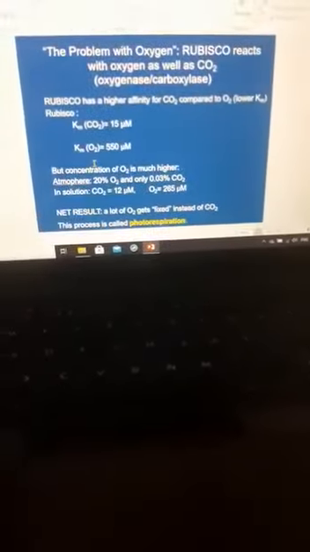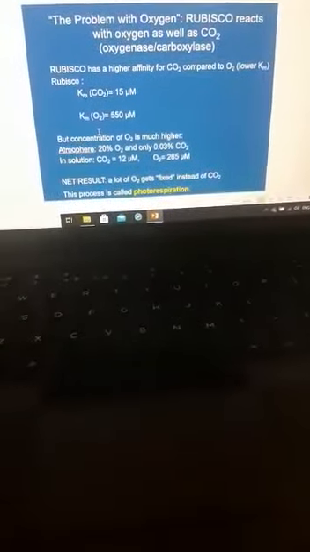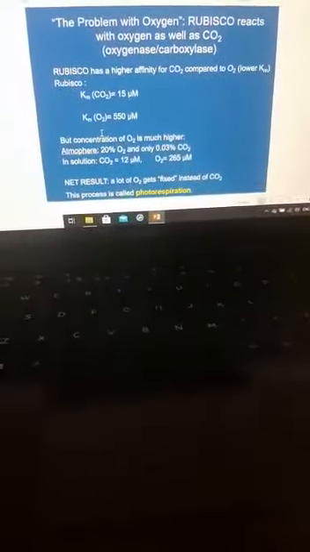The situation is somehow changing currently because of so much carbon dioxide being pumped into the atmosphere through industrial processes and this and that. But ordinarily, there is a lot of oxygen in the atmosphere compared to carbon dioxide. Therefore, the air that enters the leaf tends to have more oxygen than carbon dioxide.